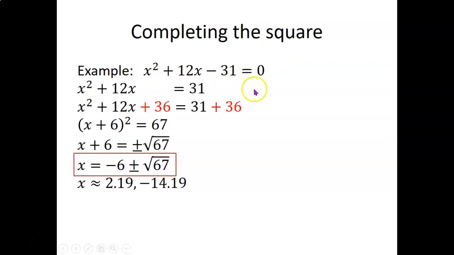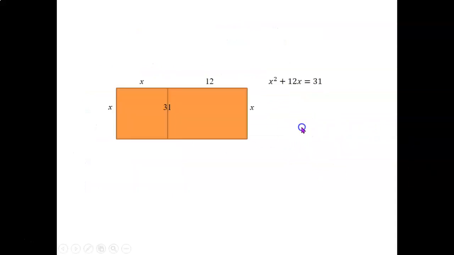But before we leave this, let me show you the sort of visual or geometric interpretation of what's going on. You can think of this as literally completing an actual square that you can look at. In fact, that's the way that ancient mathematicians kind of thought of this. So we can think, okay, we're solving the equation x squared plus 12x equals 31.